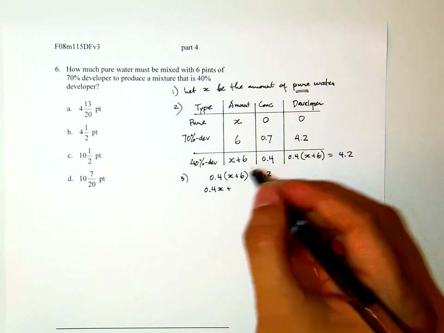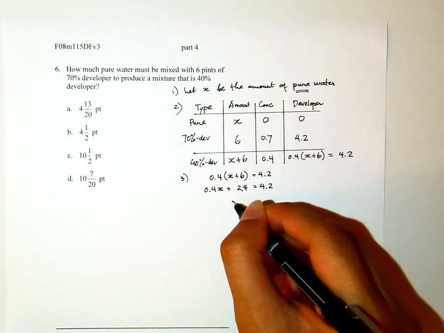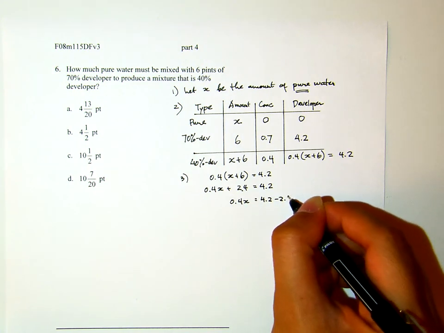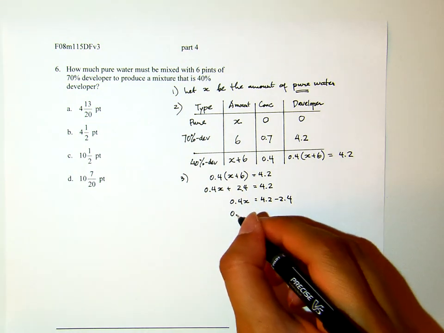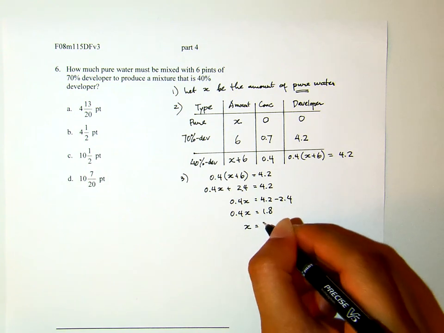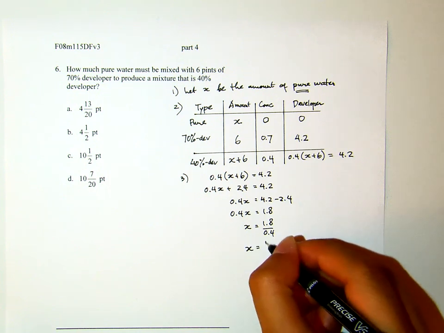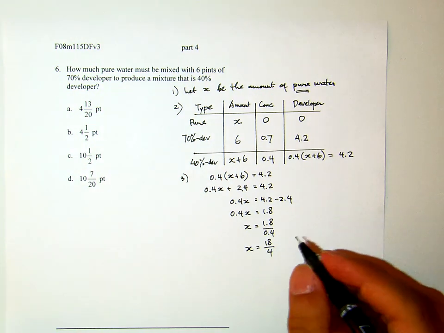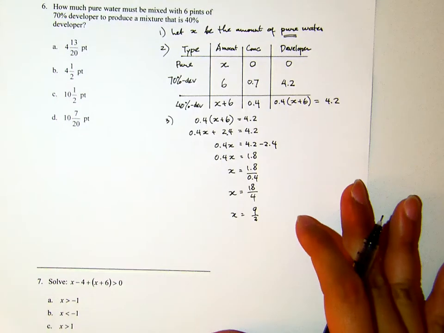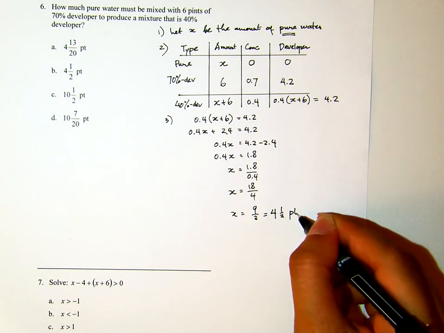0.4 times 6: 4 times 6 is 24, one decimal place, so 2.4. Then I subtract both sides by 2.4. I believe that's 1.8. Then I divide by 0.4, moving the decimal place, and I get 9 over 2, which as a mixed number is 4.5 pints.